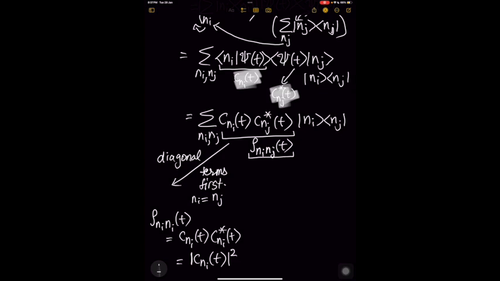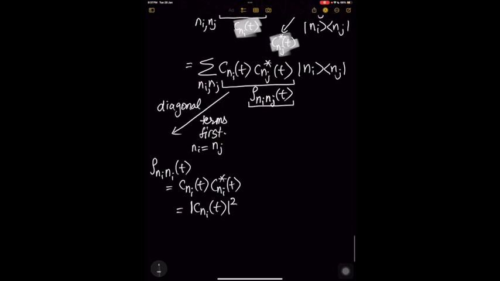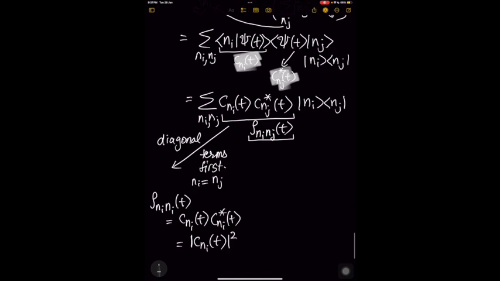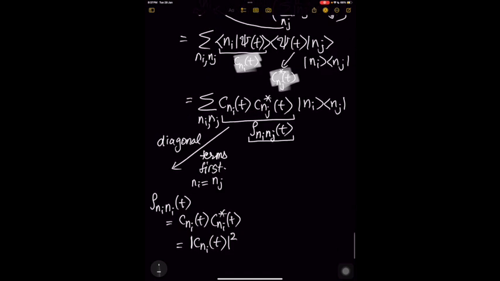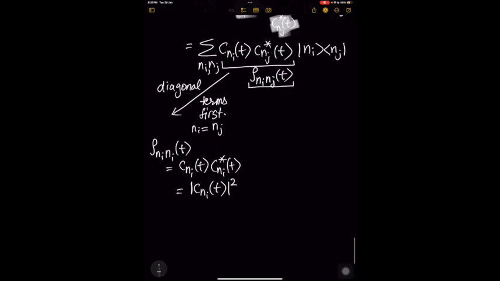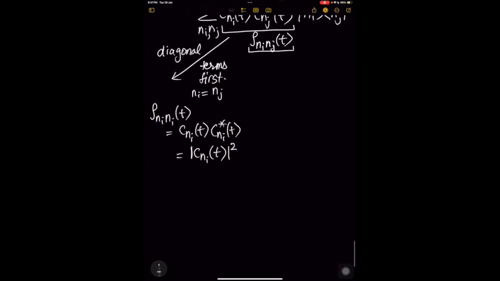So the idea behind this is that if you take a modulus square of the prefactors, or basically the coefficients of the state ket psi of t, they will be time independent, which is equal to c n i squared.